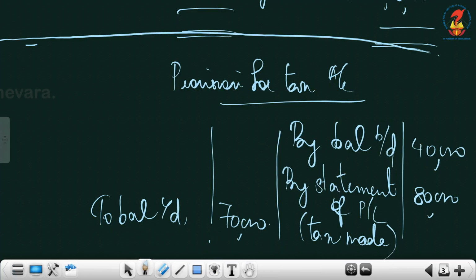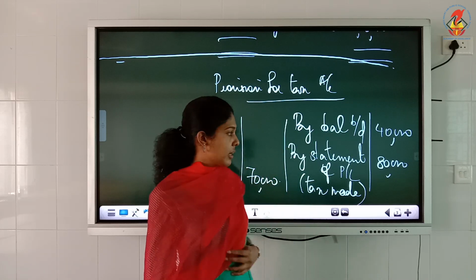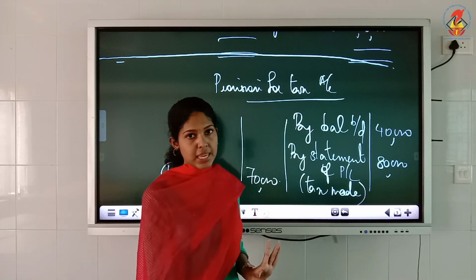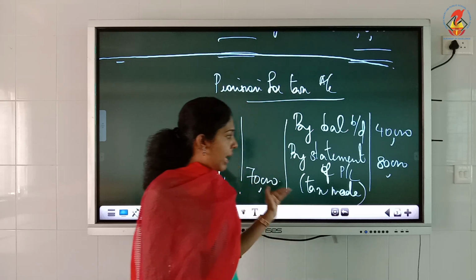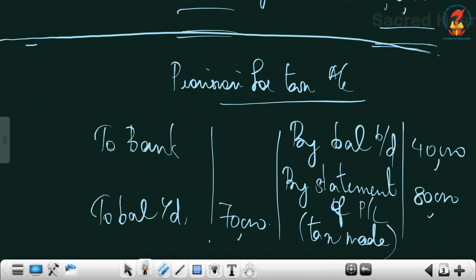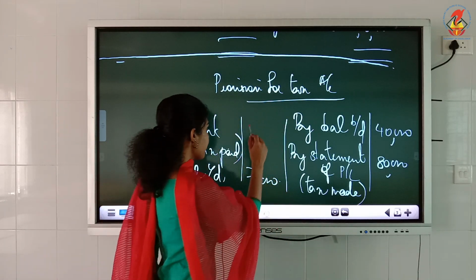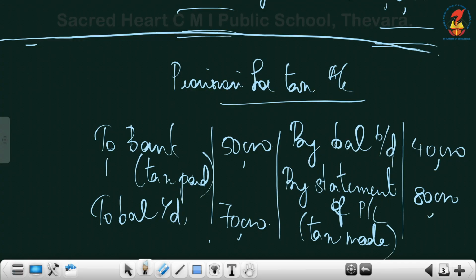Did you understand? This is the tax provided for the year, which will be transferred to P&L. And now you can balance this account, and the balancing figure will be written as to bank. This is tax paid. When you pay something, it will be to bank. That is the balancing figure you have to take. So here the balancing figure is 50,000.